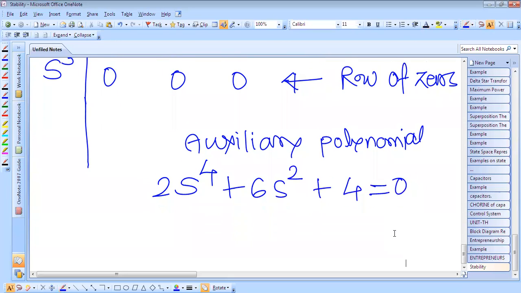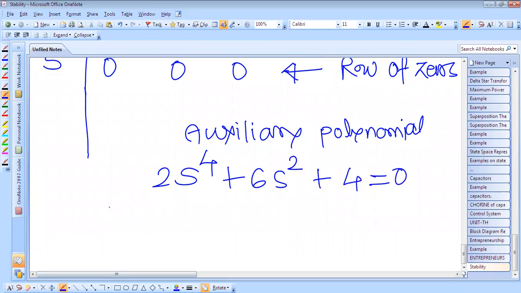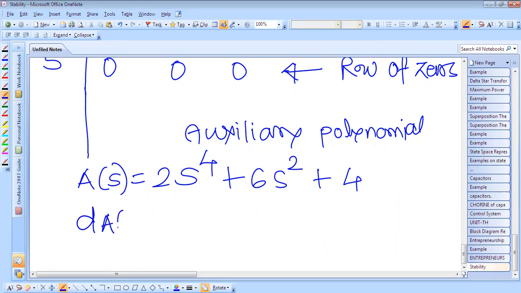And we have to differentiate this with respect to s and equate it to 0.